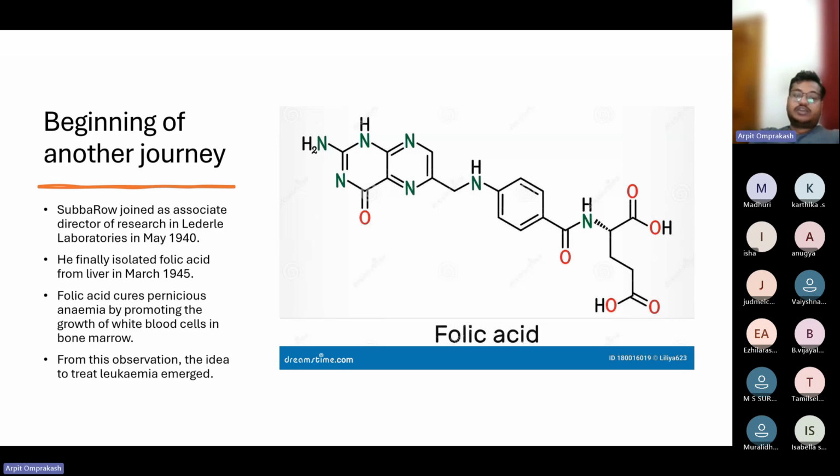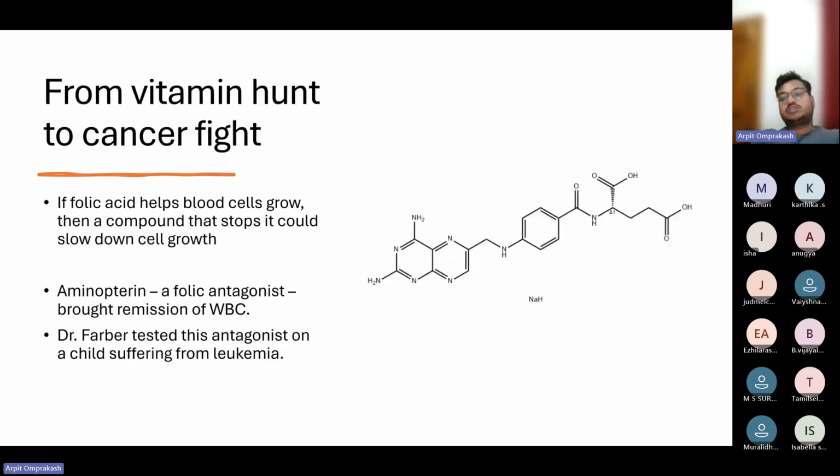But since folic acid cures pernicious anemia by promoting the growth of white blood cells, the idea to treat leukemia emerged from this. He thought that if folic acid helps blood cells grow, then a compound that stops it should slow down cell growth.